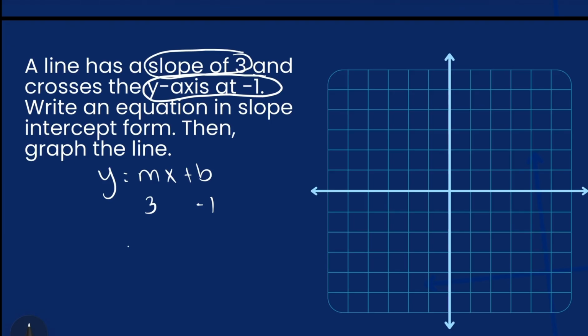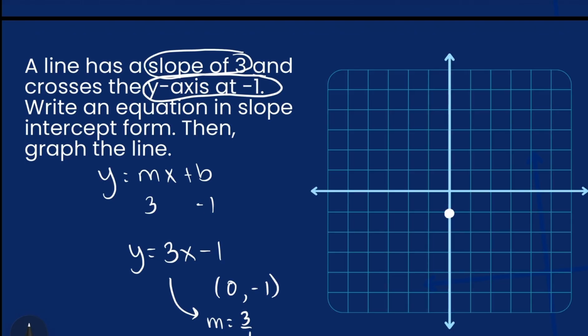So this is simply going to be y equals 3x, and since it's -1, I'm going to write this instead as minus 1. So now let's graph this. Same thing. -1 is 0, -1, so I'm going to plot this at -1 just down here. And then my slope, my m, is 3 over 1.